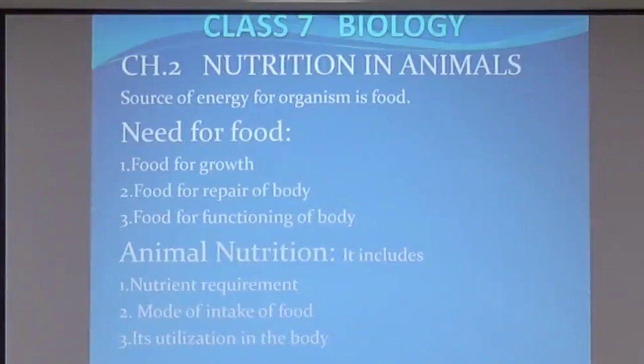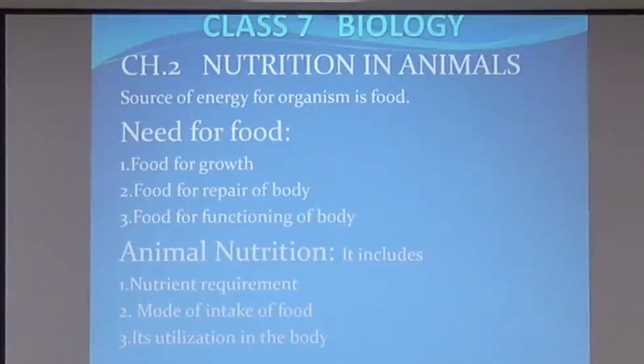After all, what does animal nutrition include? It includes the requirement of the nutrients, the mode of intake of the food, and its utilization in the body. What is the nutrient requirement? We require carbohydrates, proteins, fats, vitamins, minerals, water, roughage, etc. And what is the mode of intake?